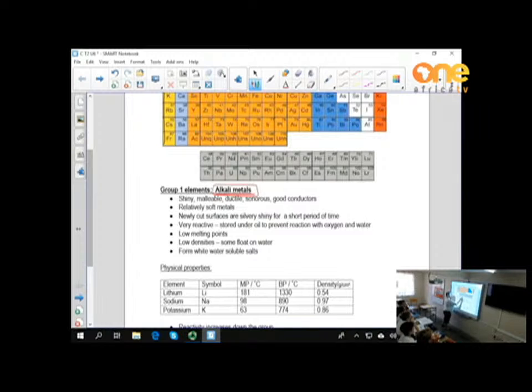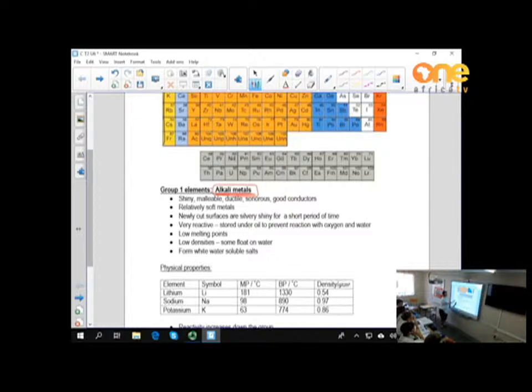Now the reason for that is they react very vigorously with water, and when they react with water, they form the metal hydroxide. For example, if I take a piece of sodium and add it to the water, it forms sodium hydroxide. And sodium hydroxide is water soluble and it's basic. So it forms an alkaline solution. So we call them alkali metals, all of them.